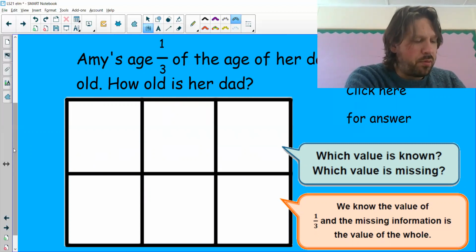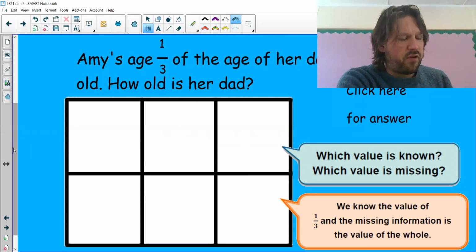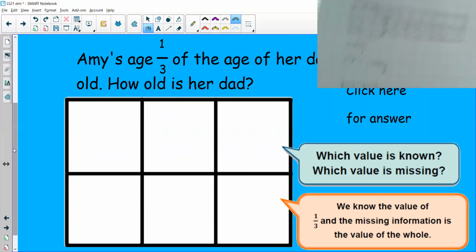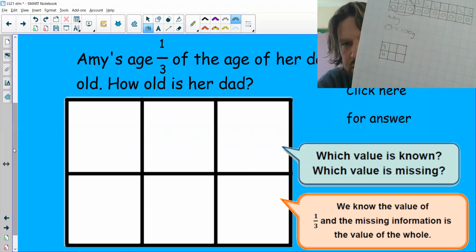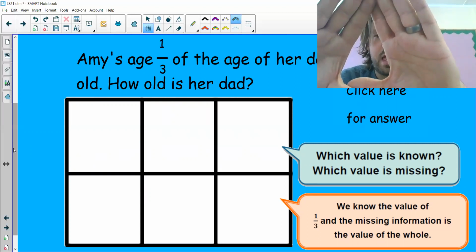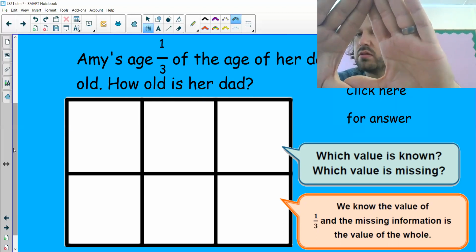I want you to use this bar model to work out if Amy is a third of the age of her dad, and she's 11. How old is her dad? Okay, I'm going to pause it and I'll come back to you and we'll work out the answer.